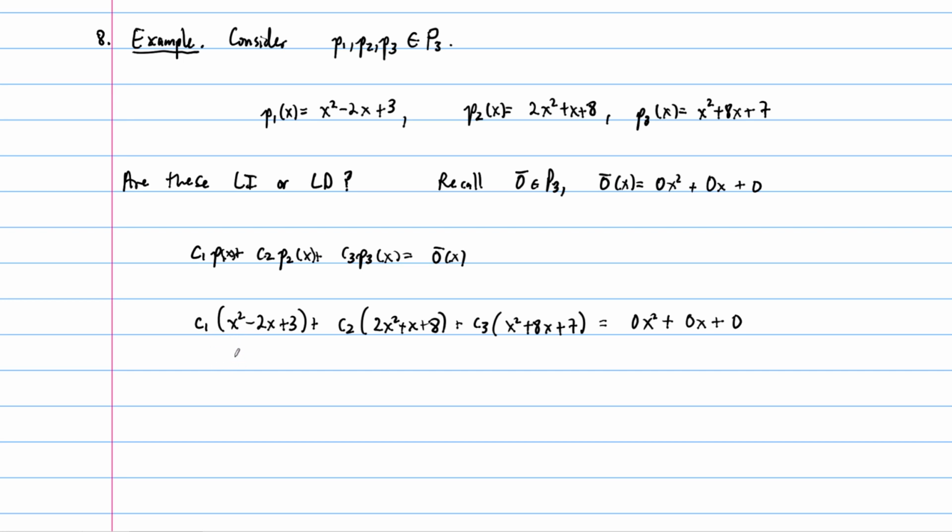So what I mean by that is if we look at the x squared terms on the left-hand side, the coefficients of those on the left have to add up to the same thing that is equal to on the right, which is a 0, right?